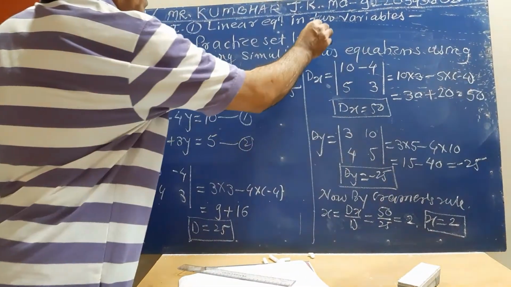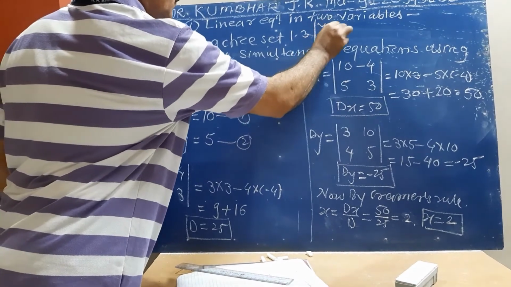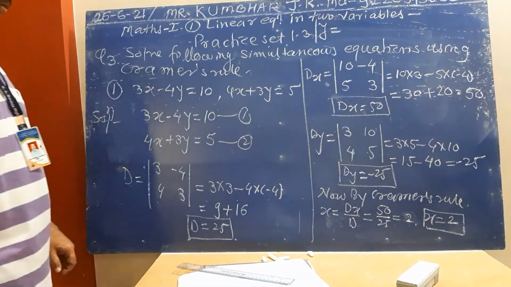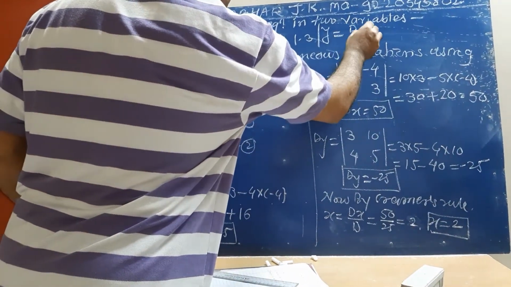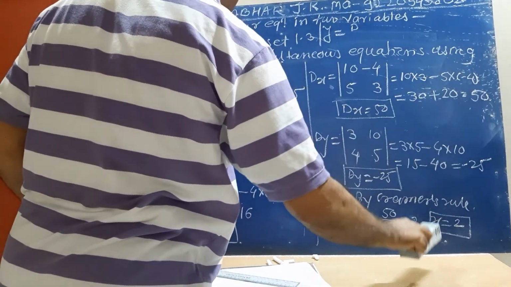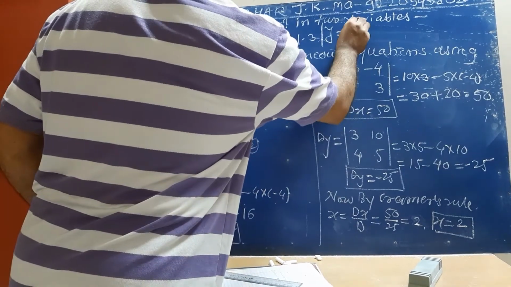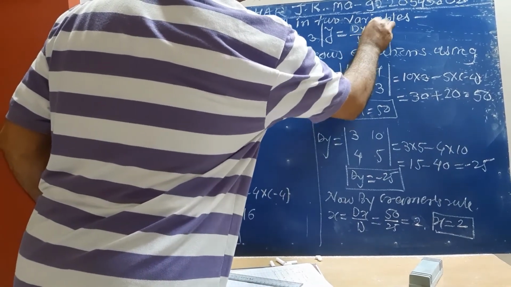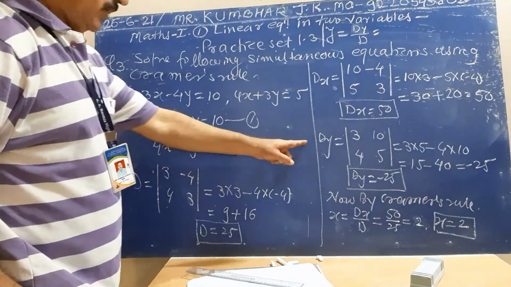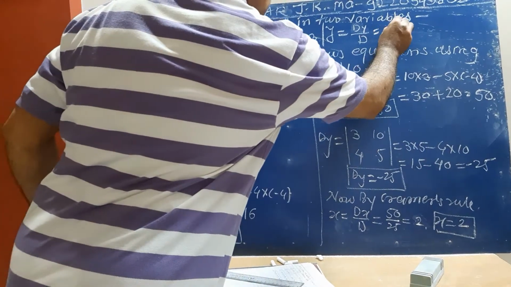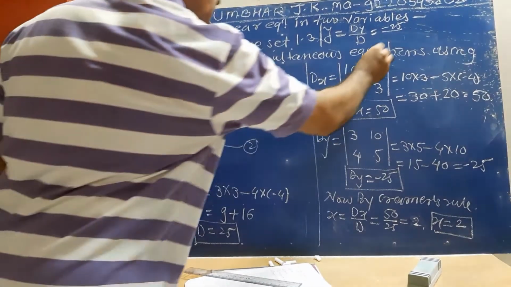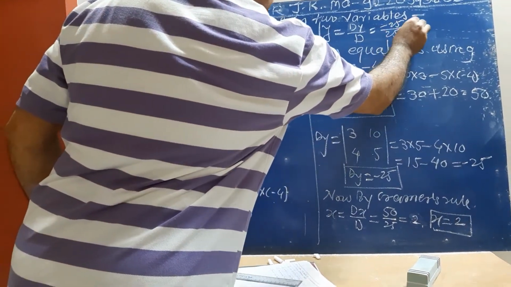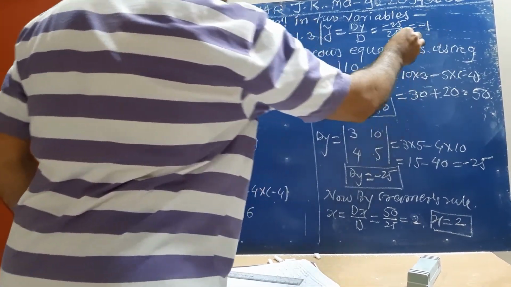Now for y. dy divided by d is equal to, dy is minus 25 and d is again 25. 25 ones are 25, means minus 1.